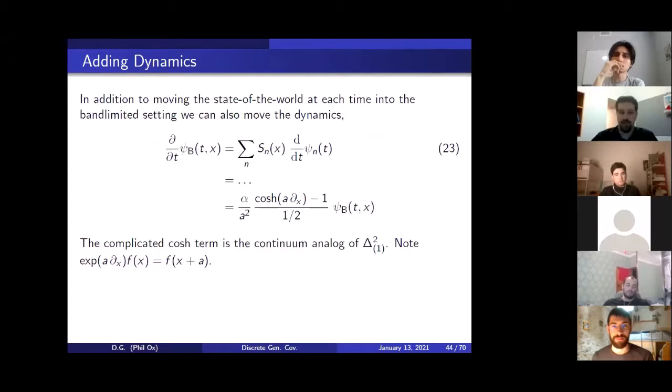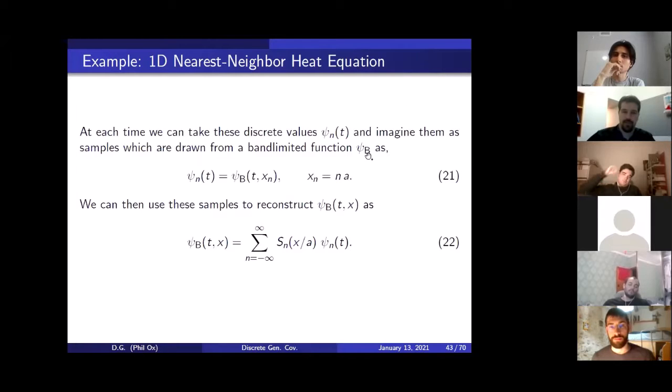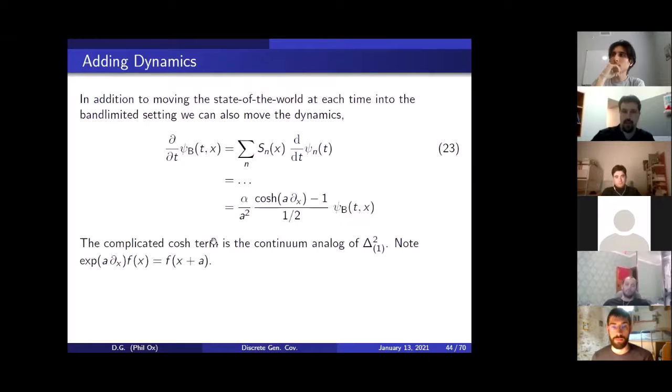So now we've moved the state of the system from some discrete thing into this band limited representation. So in addition to moving the state of the world at each time into the band limited setting, you can also move the dynamics. Let's take the derivative of this band limited thing, and you can push that through to be in terms of the derivative of all these discrete values here, right?